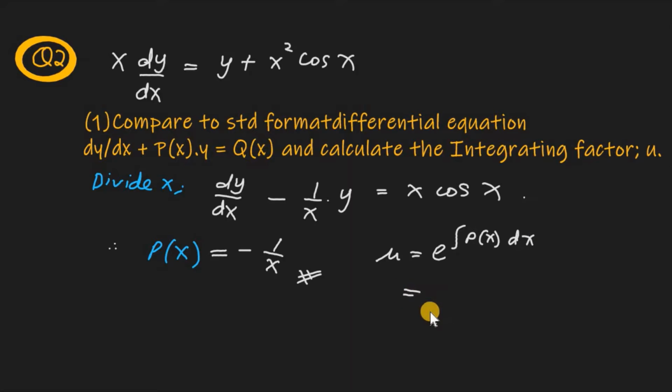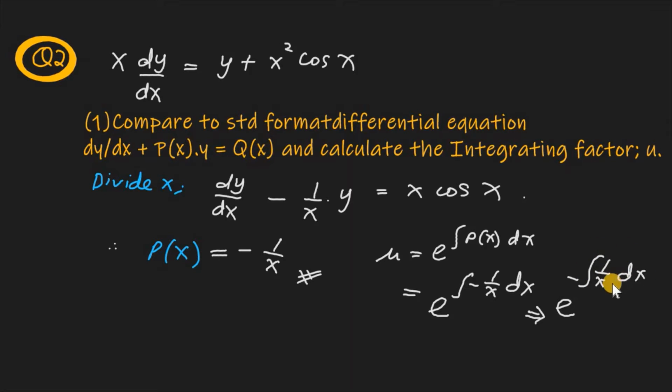Okay, so help me check my work. e power integral of P, our P is negative 1/X dx. The negative can be put outside. Another way to say, we are supposed to integrate 1/X dx.